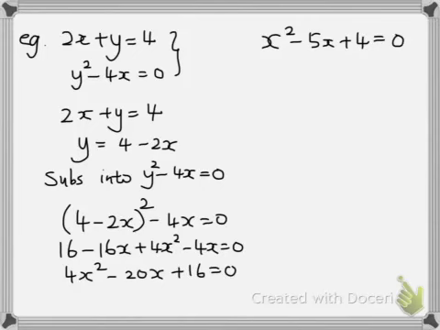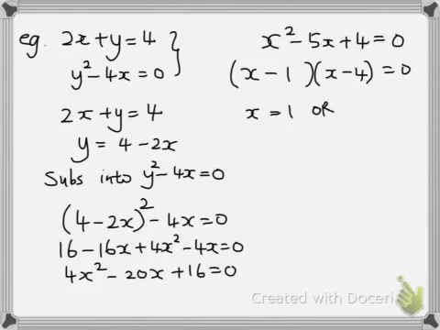It is important to write the other side to be 0, then you can factorize. So if you factorize this, then what would you have? You have x minus 1, x minus 4, yes? So x is 1 or x equals 4.